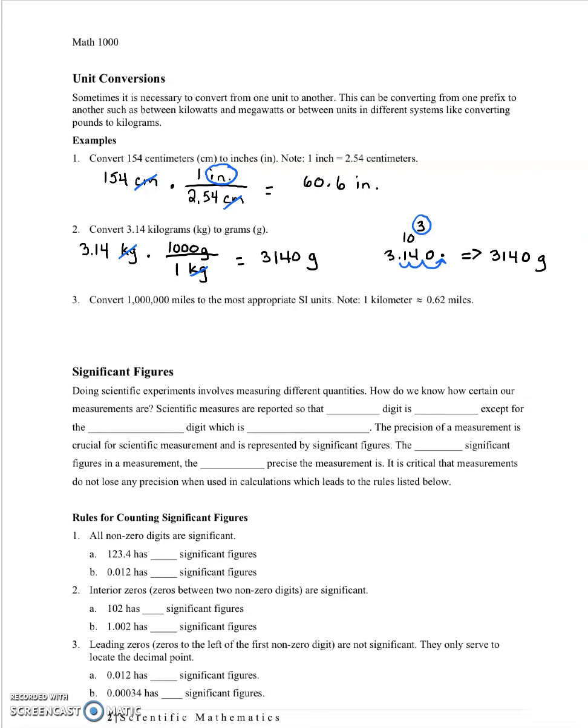Okay, now let's try converting 1 million miles to the most appropriate SI units. We usually use kilometers to change miles. So let's go with 1 million miles.